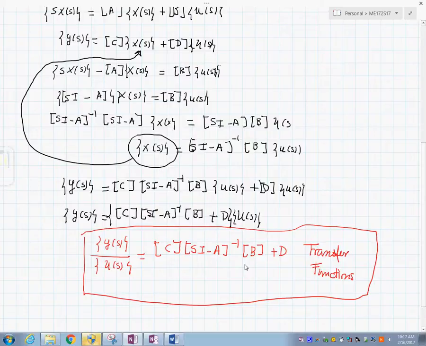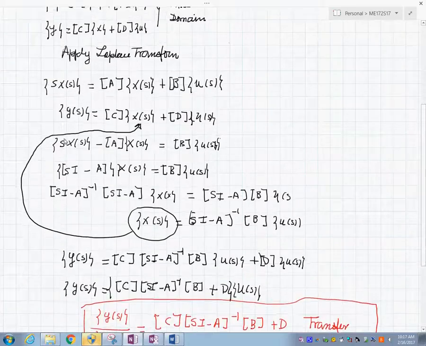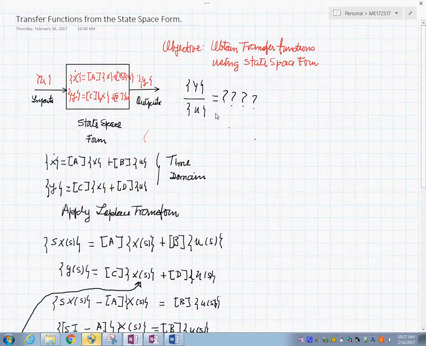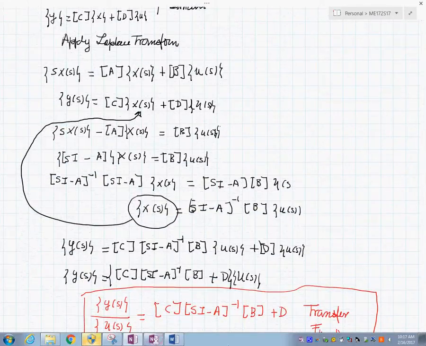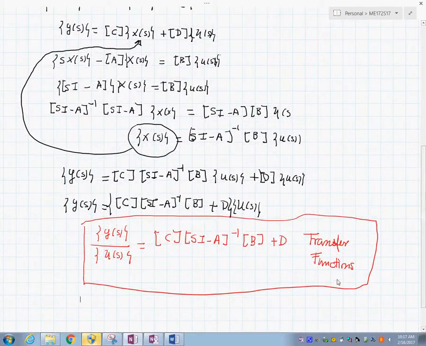It follows that if you know the state space form, you can actually obtain the transfer function for any system, and that is how we obtain the transfer function, knowing the matrices A, B, C, and D, which is what state space form is. The next class or video we will see an example of this.